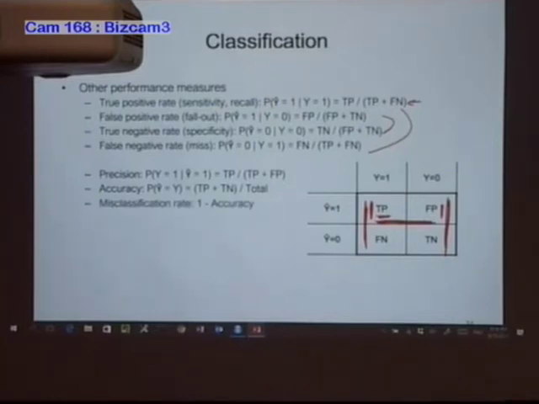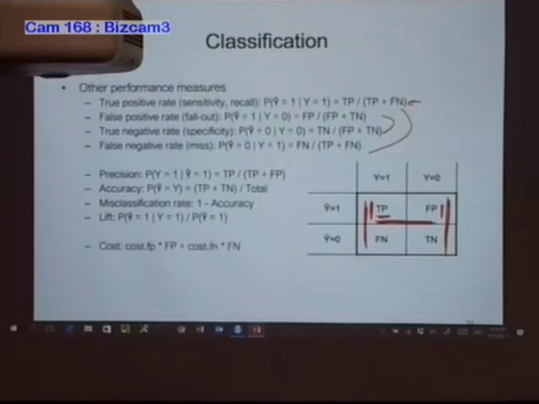Misclassification is the total number of errors divided by total. Accuracy is the total number of correct ones divided by total. Right? That doesn't differentiate the two types of error. Then lift is a bit crazy. Try to read that. I'm going to skip that.